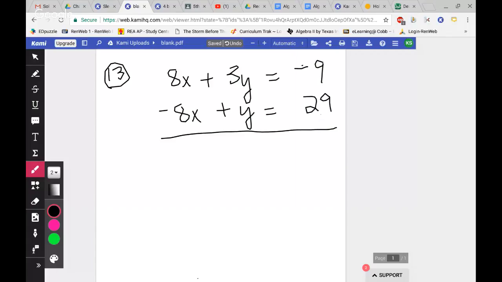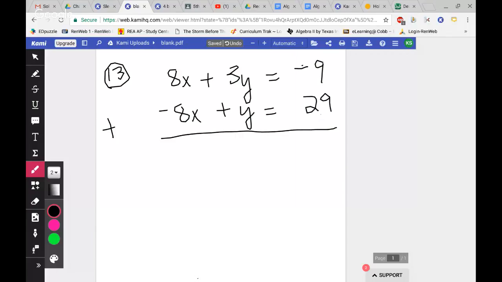What you always want to do when you look at linear equations is look for two coefficients that are either the exact same or opposites. In this case, the x's have an 8 and a negative 8. So those coefficients are opposite of each other. And since they're opposite, we'll add the two linear equations together.